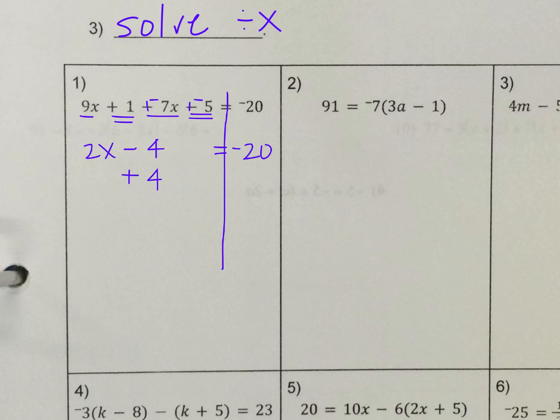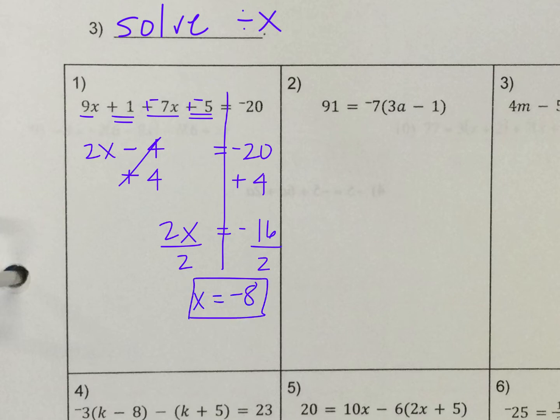I'm going to move the 4 now. I'm left with 2x equals negative 16. Divide by 2. X is negative 8. So it's everything we know how to do. It just has a few more steps.